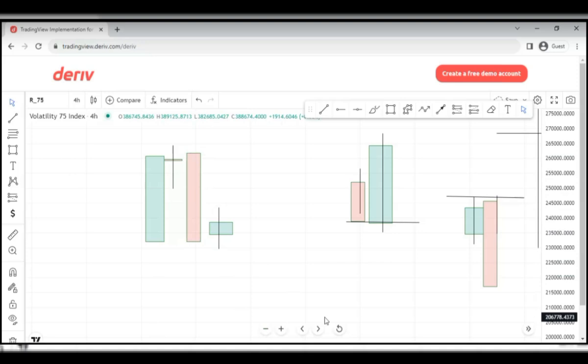Then the three white soldiers and the three black crows. Three white soldiers is also the same thing as the three green men, which I told you guys earlier. When you see three consecutive green candles, the best formation for the pattern is if it has a lower wick and no upper wick, something like this.